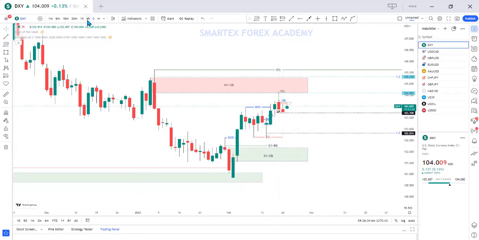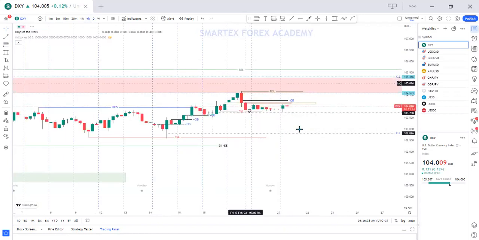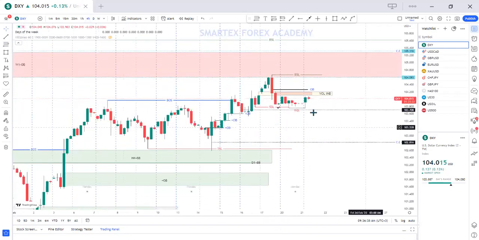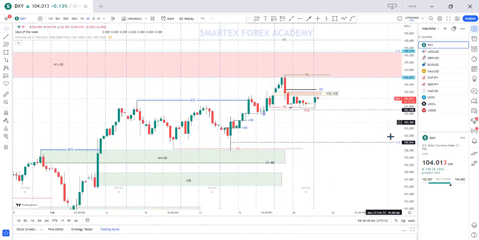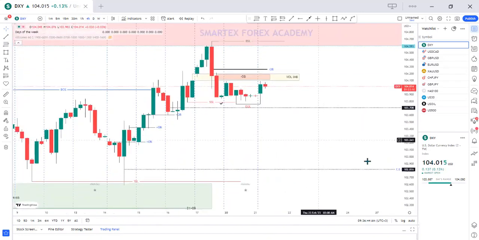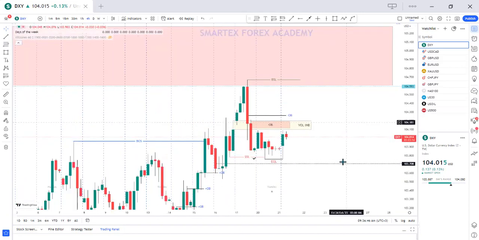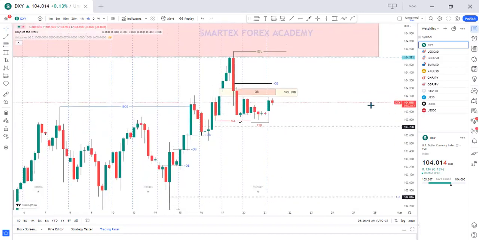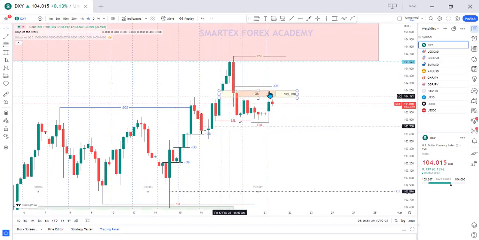So let's see what we have in our time frame. After the purge into liquidity, which is this, I'm looking for premium arrays that may give me resistance to price before I go short. So I allocated this volume imbalance here. This happened last week.